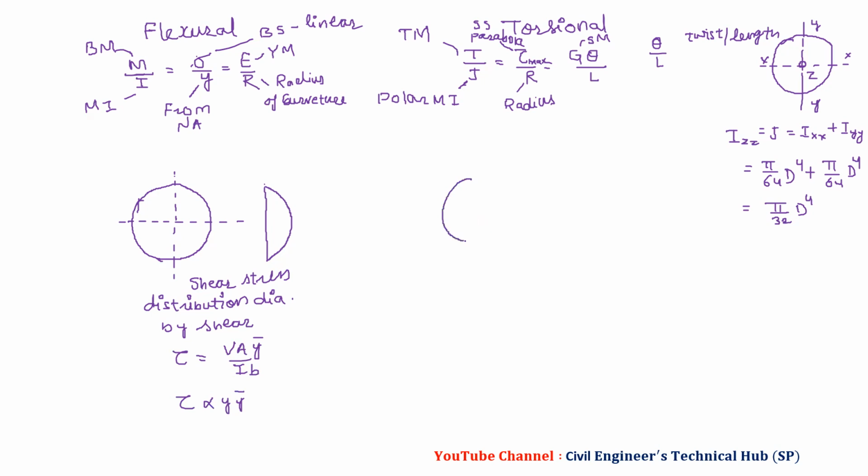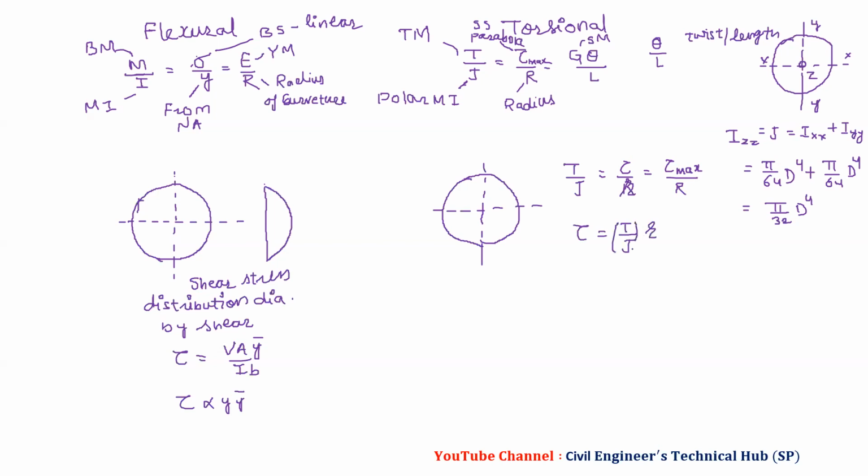Now, if you draw this diagram for torsion, how will we have it? We have T by J is equal to tau by small r, and that is equal to tau max by capital R, which is at the surface. Then tau is equal to T by J into r.